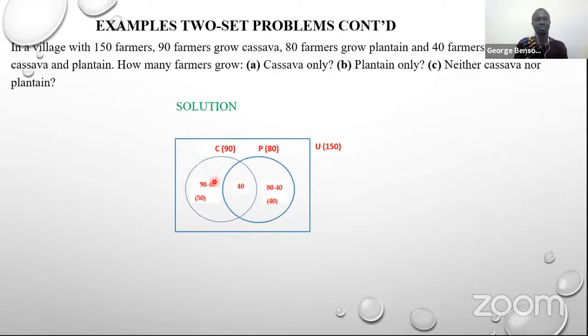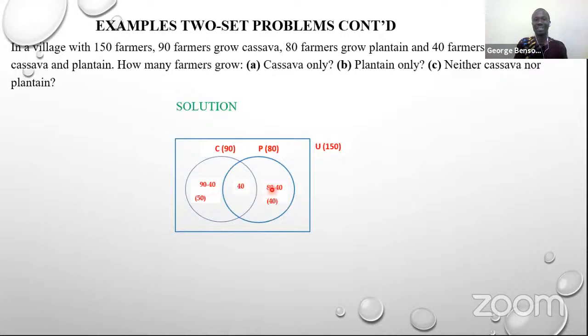Then here we were told that 90 were cassava farmers, so we have to subtract this 40 from the 90. The idea is to help us get cassava only. So that's why you can see 90 minus 40 in this section.